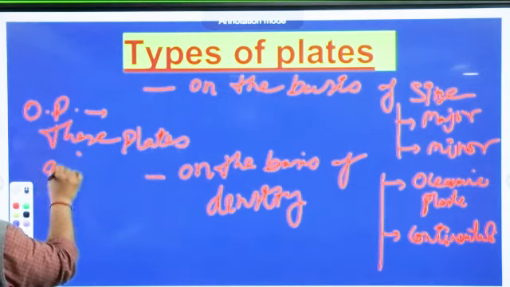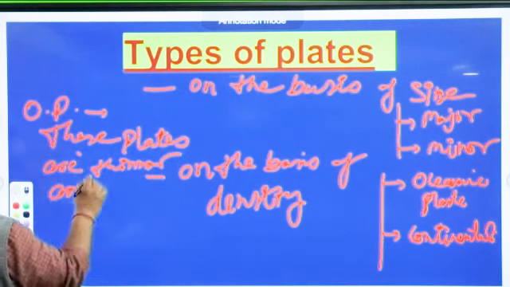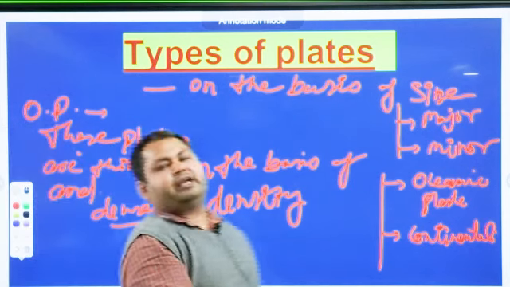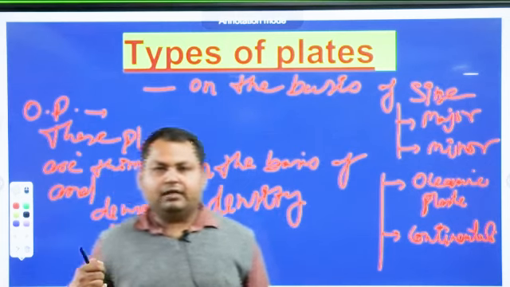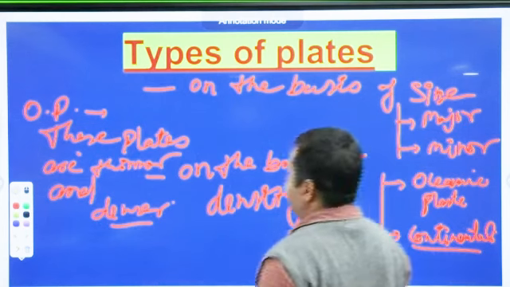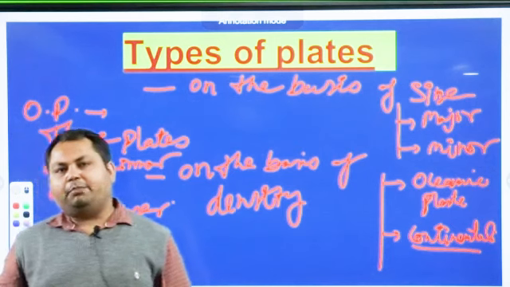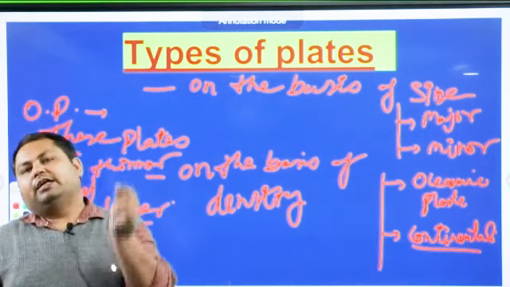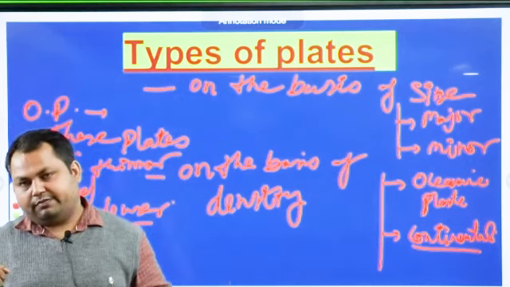These plates are thinner and denser as they are made up of heavier minerals like metal. And the continental plates are lighter and thicker, as these plates are made up of lighter elements, lighter metals.